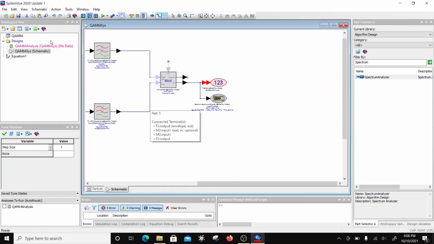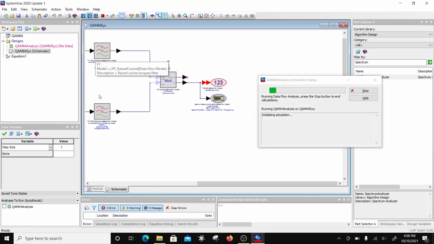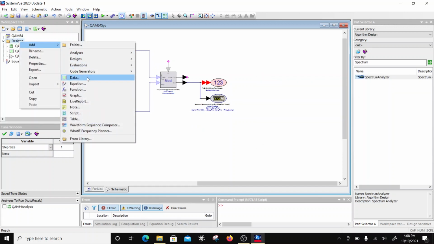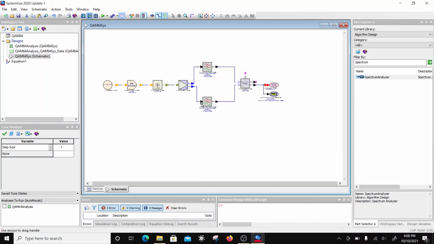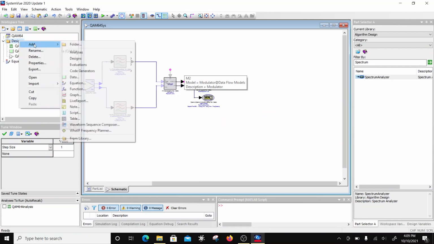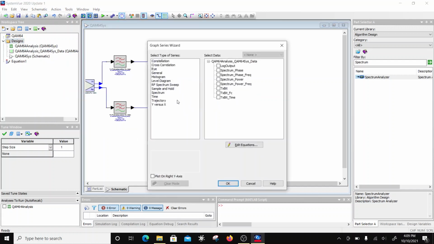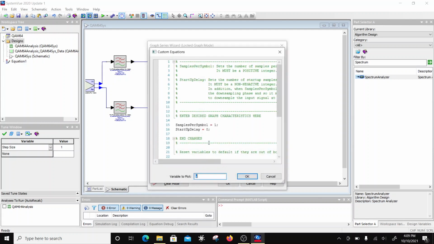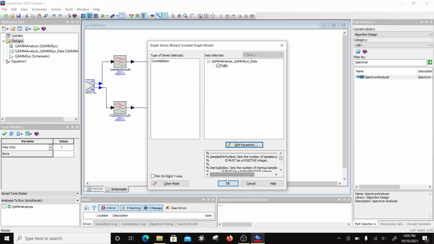Okay, so let's go ahead and compute results, and then say add. So if everything is okay, I should see a constellation here. So I'll go to add graph, and I'll go to constellation and TX bit, and here I have to specify my decimation factor is 5 and the delay is 64, which is half the filter length.